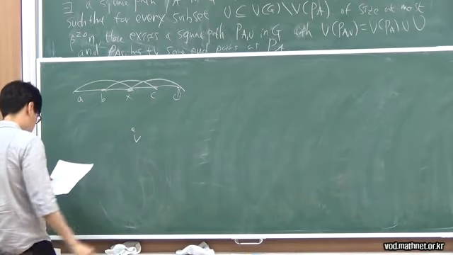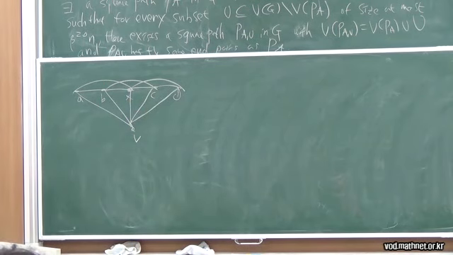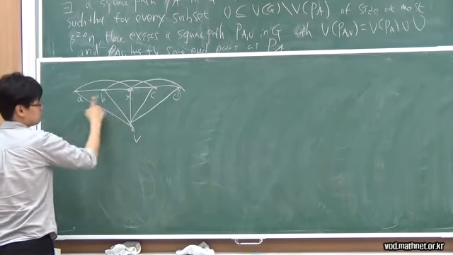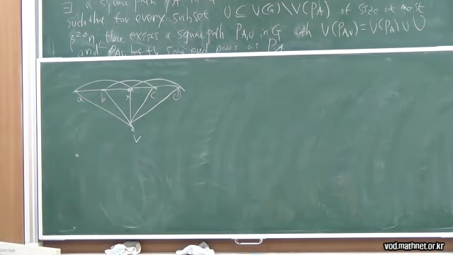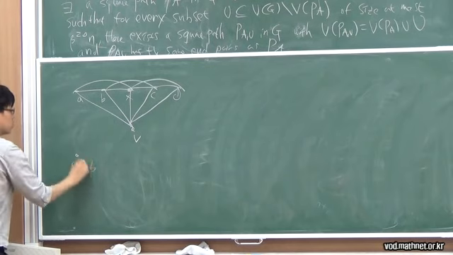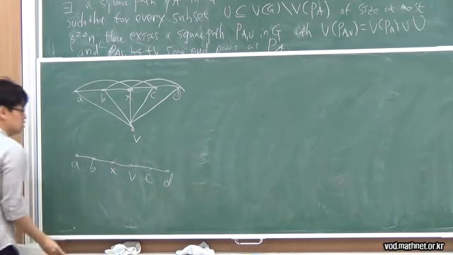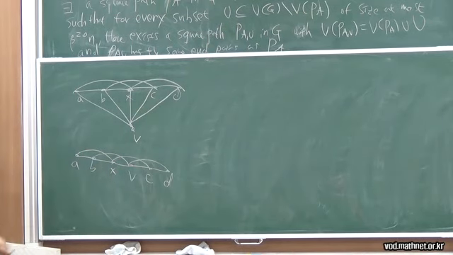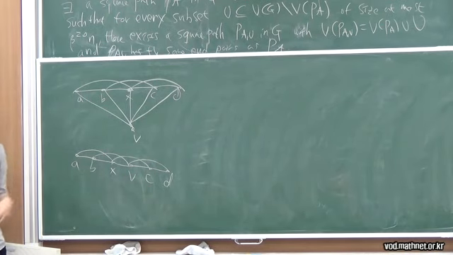If we have a vertex adjacent to all 5 of them, then we have A, B, X, C, D, where A, B and C, D are the starting and ending pairs. And if V is adjacent to all of them, then we can just write A, B, X, V, B, C, D. Then this is an edge, this is an edge, this is an edge, this is an edge. There are additional edges, but it becomes, again, a square path with the same end vertices and this observed V.